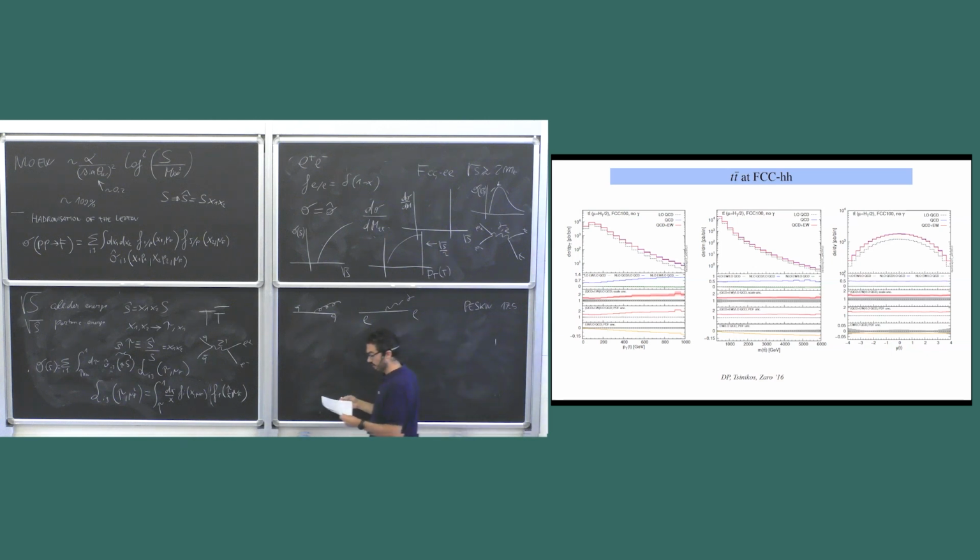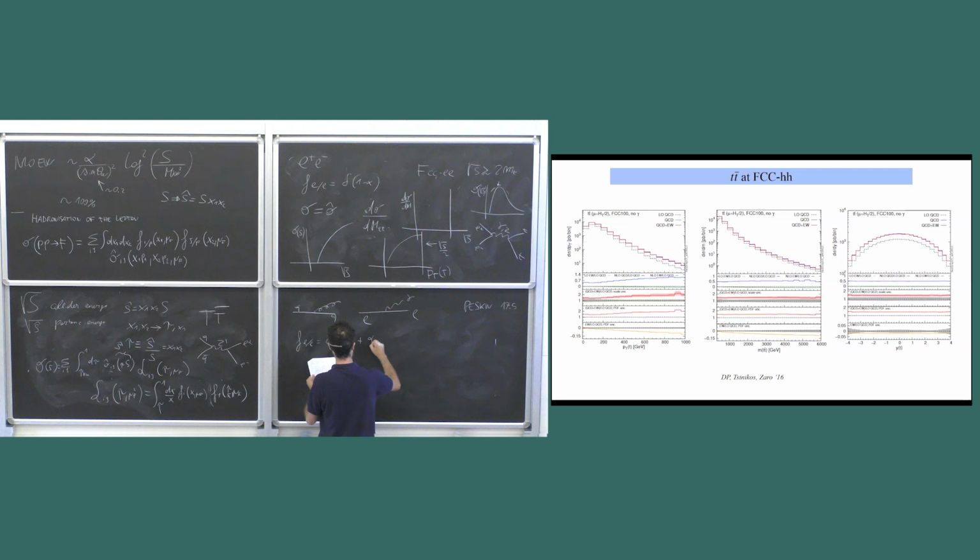But what it is showing, you can see there, is that if you start with this idea that the PDF of the lepton into lepton is equal to delta of 1 minus x, taking into account this initial state radiation, it actually becomes another quantity.